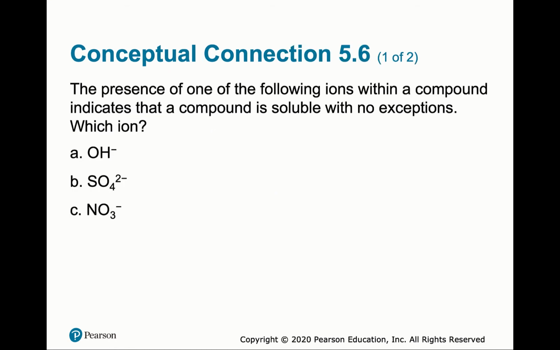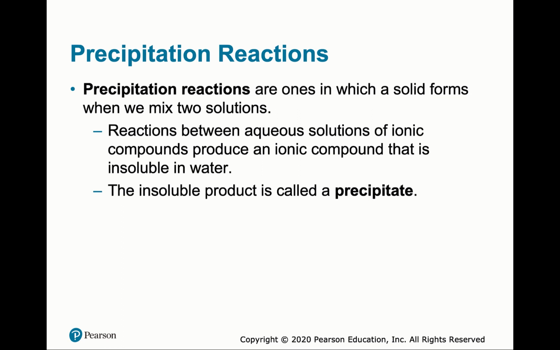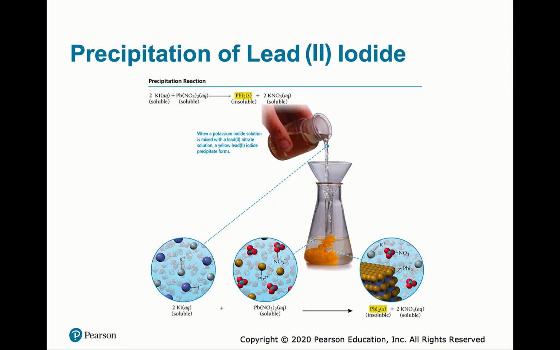So let's look at here: which one of the following ions within a compound is always soluble? And the answer is nitrate. From the rules, nitrates are always soluble. And precipitation reactions, I mentioned before, we have 2 solutions, you mix them together, and then a new compound is formed that's no longer soluble, tends to fall to the bottom, and that is called the precipitate.